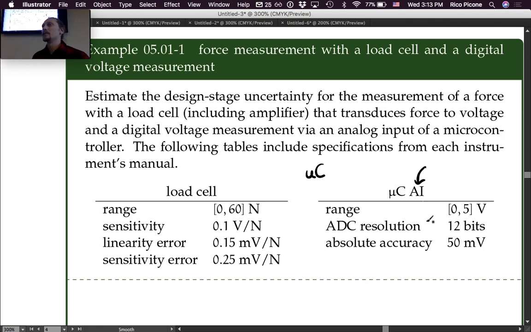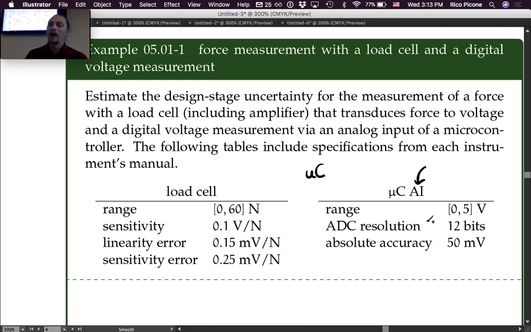Checking that measurement. So we want to estimate the design stage uncertainty for measuring a force with this setup. I already see an issue with this, though. What's the issue? Once it gets over 50 newtons input, you're not going to read anything. That's a good point.